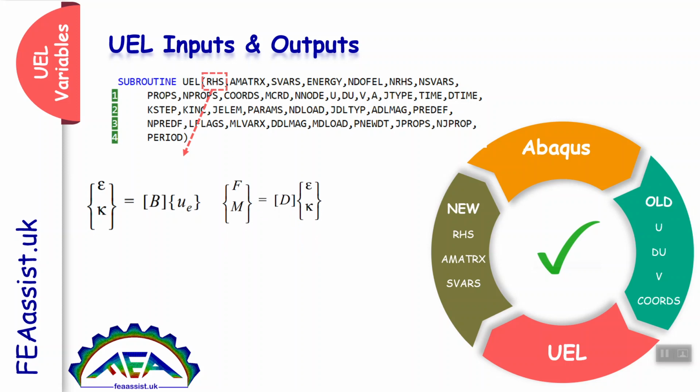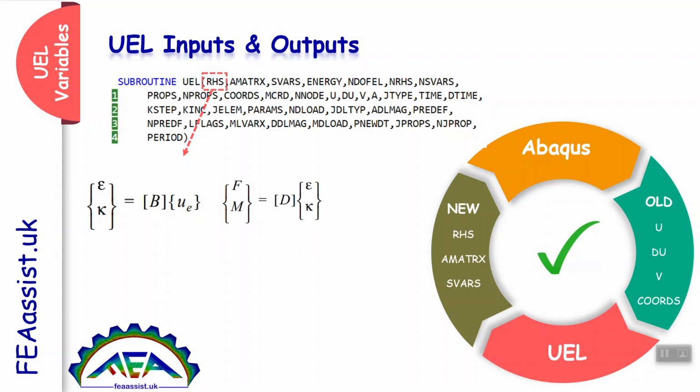And when we compute strain and curvature, then we can compute the force and moment by this strain and curvature with D. D here is a stiffness matrix, or in one-dimensional problems, F equals D epsilon.